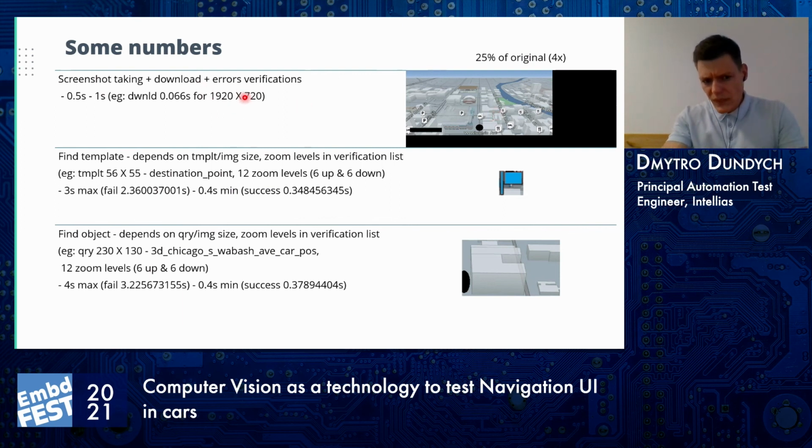For this resolution, finding a template of 50 by 50 pixels costs 3 seconds max, because if you use 12 zoom levels, we have more time. If we find it with the first zoom level, we have less time, but it's 3 seconds max. And for an object, we have 4 seconds.